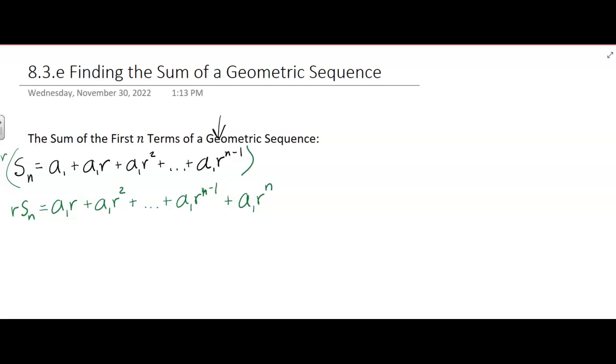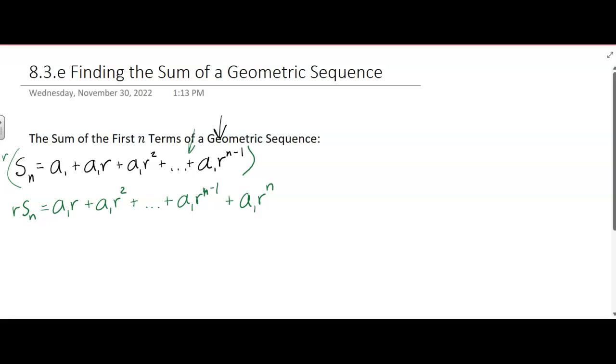Okay, so you kind of have to picture here a sub 1 r to the n minus 2. That would be the previous term, not quite so many r's. One less r. But then you multiply them all by r, so it gets you that. Hopefully that wasn't too confusing.